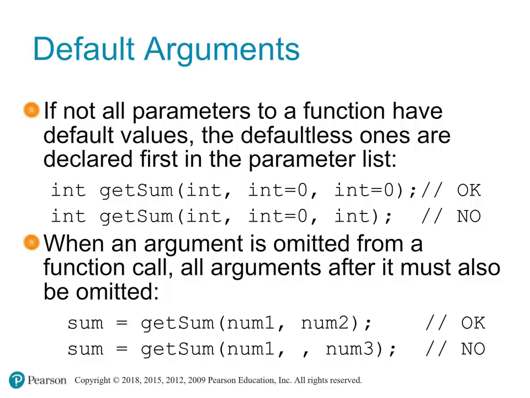So always declare parameters without default values before those with default values. If you choose to omit an argument with a default value, you must also omit all following arguments.